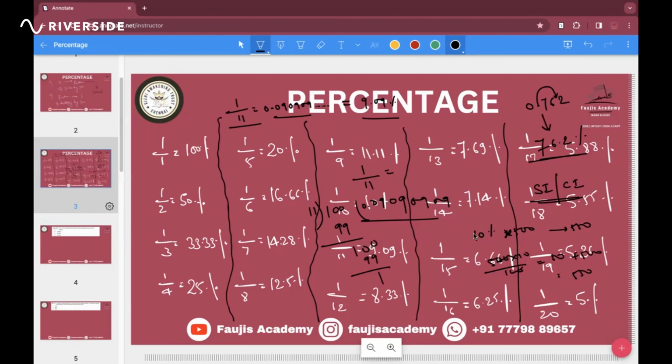But if you know it, 10% is nothing but 0.1, and if it has to be added to 100%, we add 1, that means 1.1. 550 is 110% of 500. This is your multiplier. So 500 into 1.1 will also give you 550 as your answer.